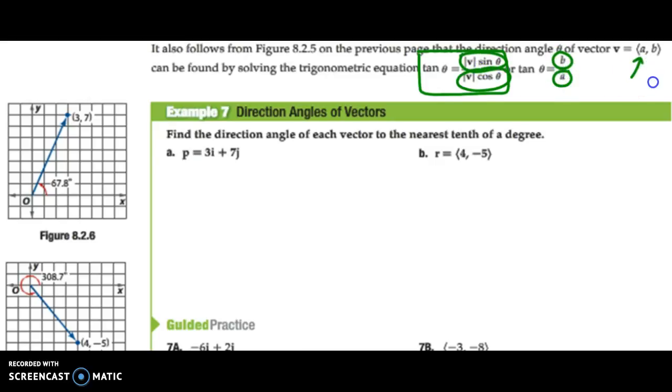So all I have to do is b over a is equal to my tangent of theta. So if I'm looking at question A here in example 7, tangent of theta is going to be equal to b over a. So in a linear combination, it's always ai plus bj, right?